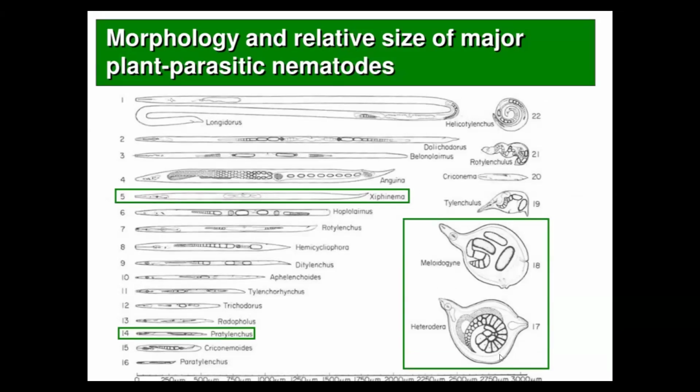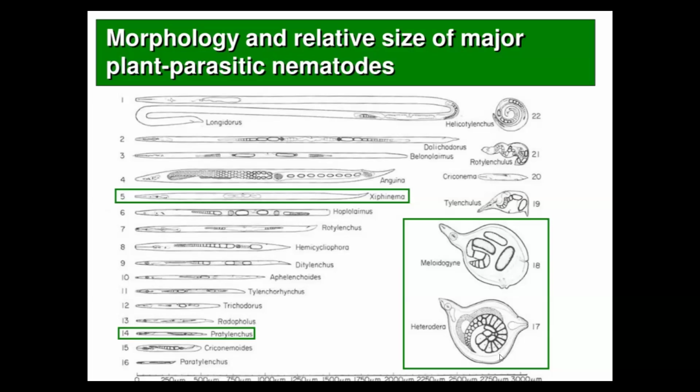Oh, too bad. All right, that's fine. So, MJ, what of 21? Rotilenculus. That's very correct. Number 20 is Criconema, and number 19 is Tylencus.